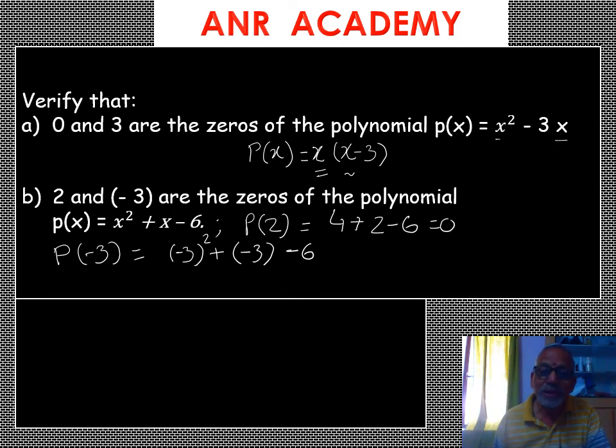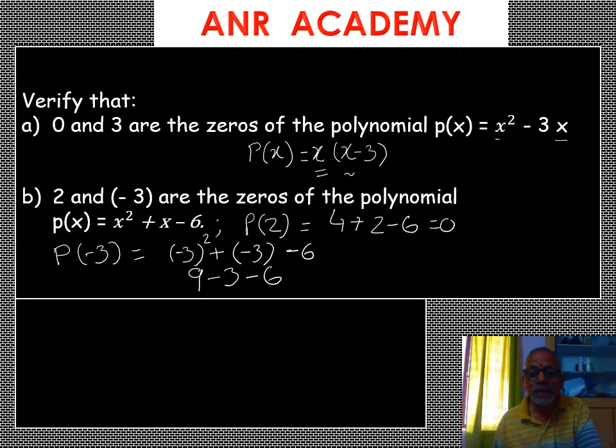You have to see the power here. If the power is an even number, always we get a plus number. So this is an even number. So minus 3 whole square means 9. Clear? Minus into plus, the product of unlike signs, is always minus 6.